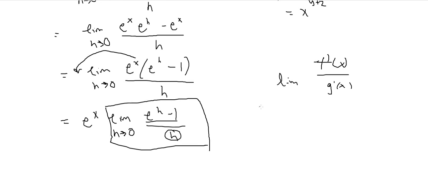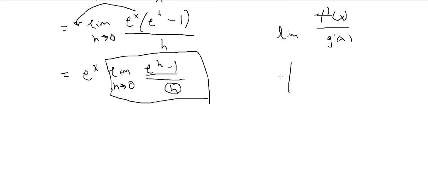So the other way is kind of like this. You have a table. You have h values, and you have your output, which is your e to the h minus 1 all over h. And pretty much what you do is you want to take really small numbers that are quite close to 0, but not at 0.